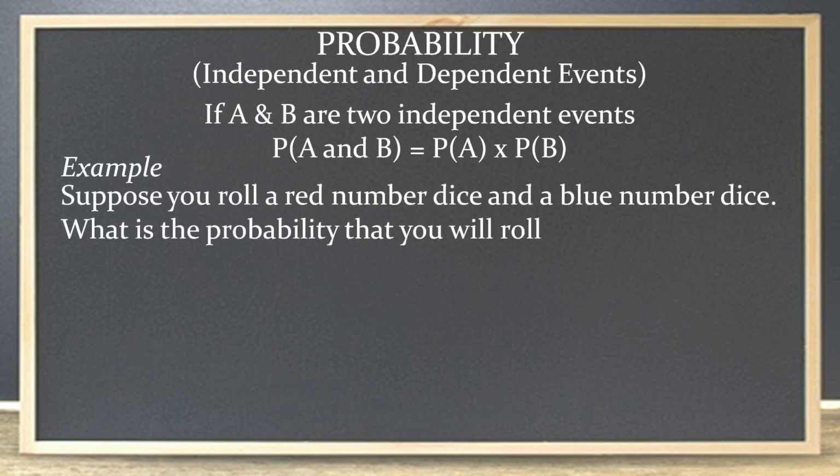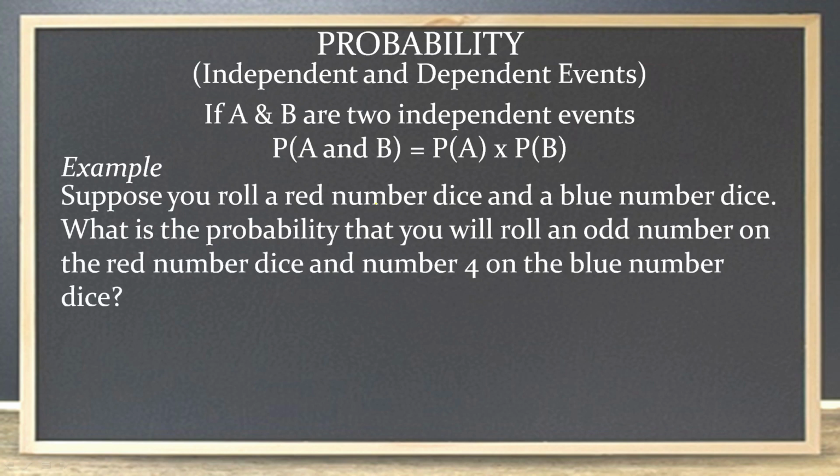Suppose you roll a red number dice and a blue number dice. What is the probability that you will roll an odd number on the red number dice and number 4 on the blue number dice?